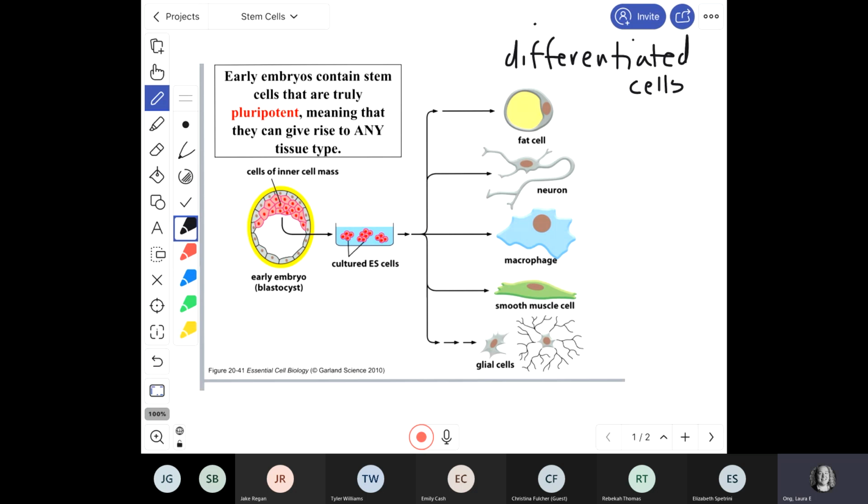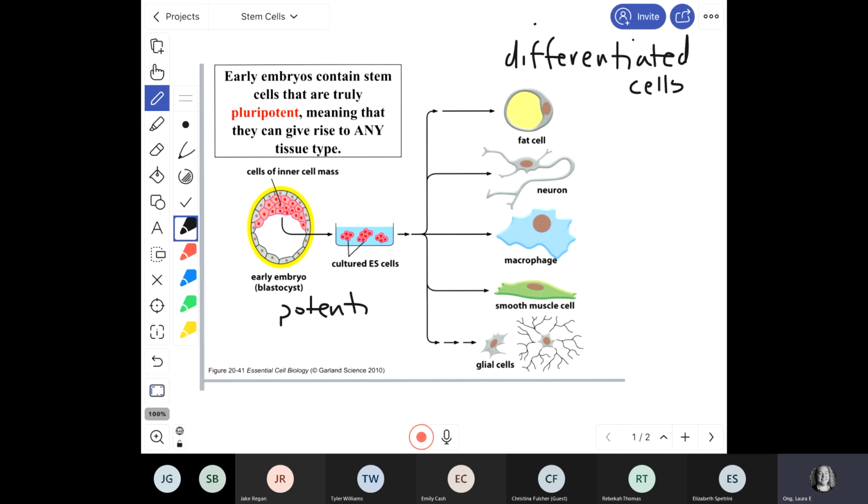And these can actually do specific tasks for the body, like store fat or send signals or eat dangers or contract or provide support to neurons. These would be differentiated. These can't do anything, but they have all of the potential.